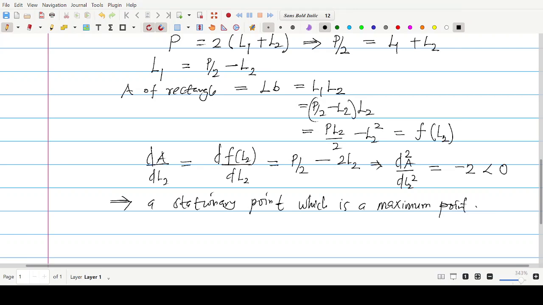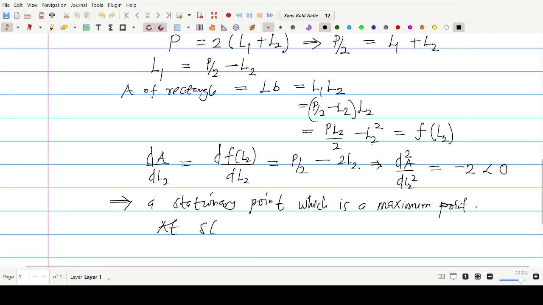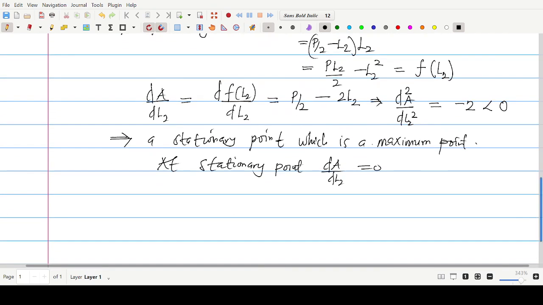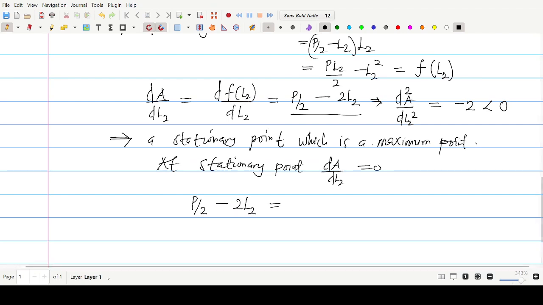So therefore, at stationary points, dA by dL2 is 0. All right. So we set this expression over here to be 0. We have P over 2 minus 2L2 equals 0. From this we have L2 equals P over 4. Can you see that? All right.